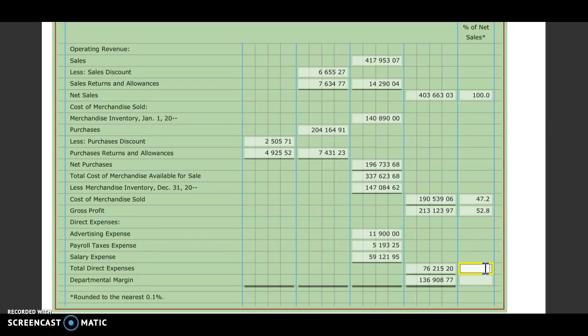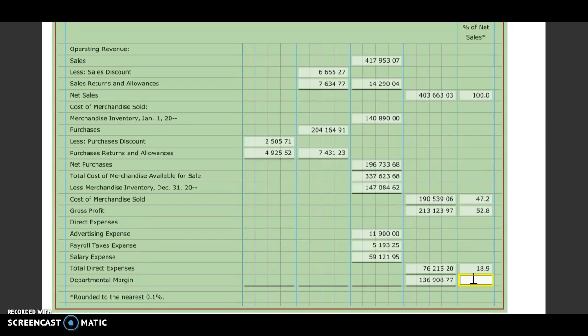Next, direct expenses divided by net sales. We should get 18, again rounding up to 0.9.